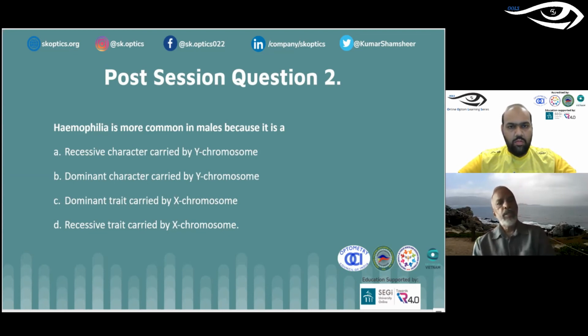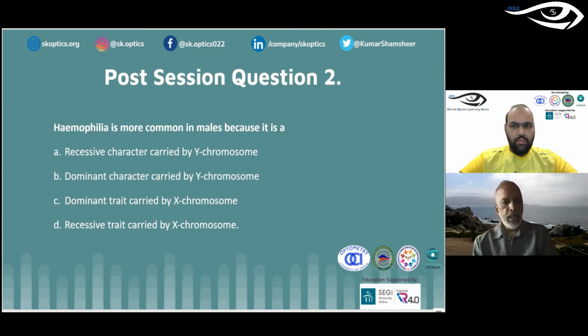So X is always inherited by a male from the mother, and the other X which a female has, a male doesn't have. So if you carry a mutation in the X chromosome as a male, you don't have a compensating normal gene on the other X because we have Y. Whereas a woman carrying a recessive single gene mutation, not in a double dose but in a single dose, since she has another X chromosome, will be normal and a carrier.